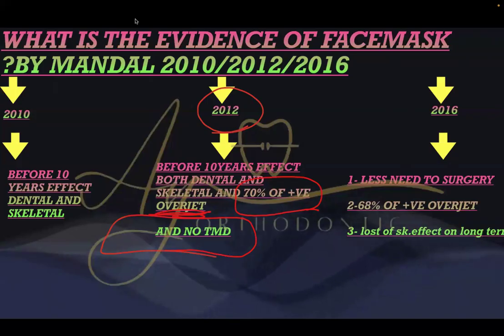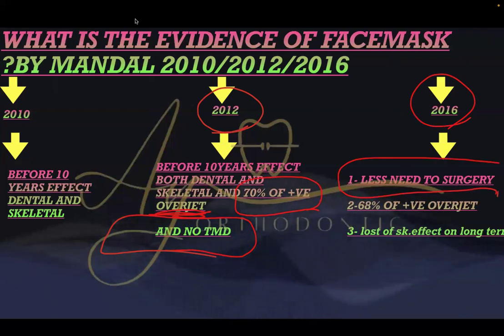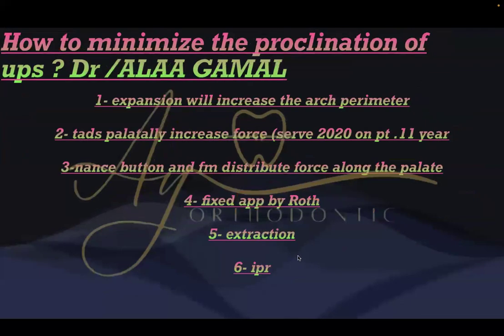In 2016 of the same paper, she stated that the use of the face mask will reduce the chances of orthodontic surgery, okay? And the overjet, instead of 70, it will be 68, okay? And in the long term, I may lose the skeletal effects, okay?